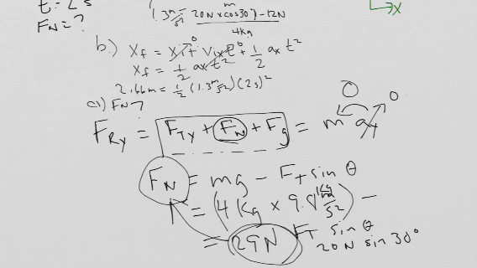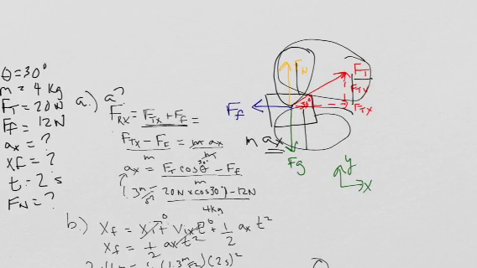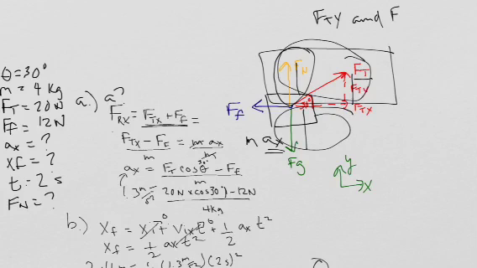What ends up happening here is if we go back to our actual diagram, these two positives here, the Fty and Fn, are in the plus, according to my y-axis. These have to equal Fg.